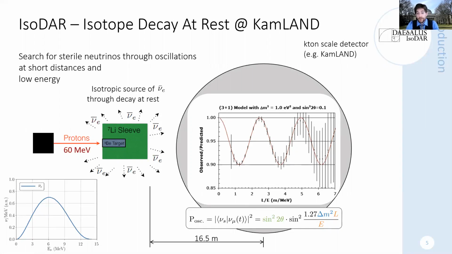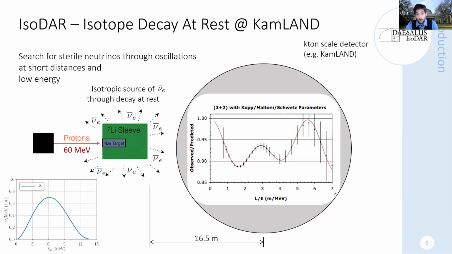However, there could also be more than one sterile neutrino. As I mentioned, there's tension in these models. And so this experiment, the ISODAR experiment, could actually distinguish between one sterile neutrino, two sterile neutrinos, or even models with a sterile neutrino that decays as it travels.